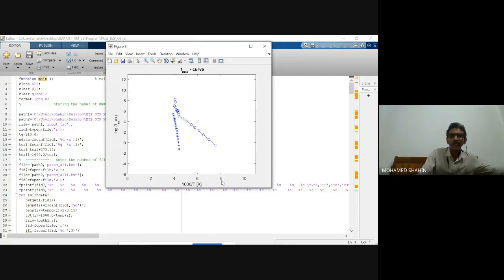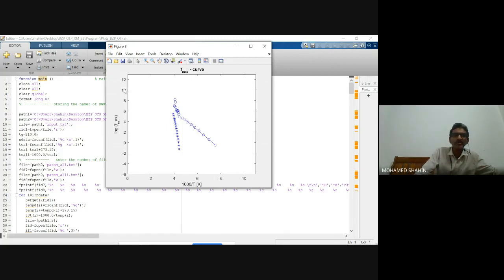So Tg by T would be on the x-axis. Tg by T on the x-axis means when T is equal to Tg, glass transition temperature, the x-axis would be 1. And when T is very high, then Tg by T is almost 0. So you have a graph on the x-axis between 0 to 1.